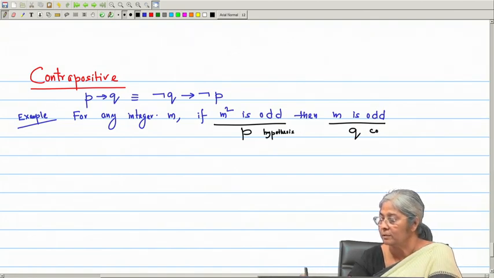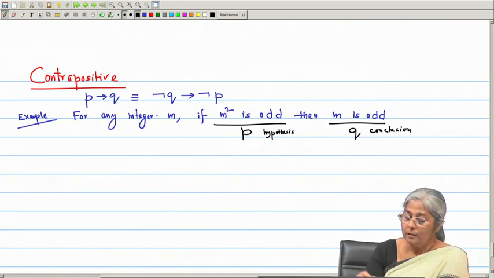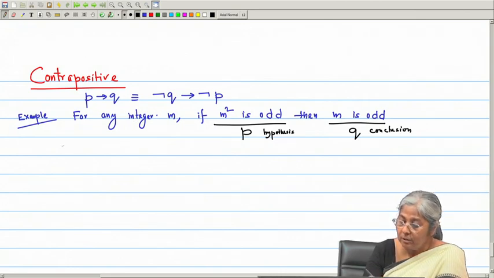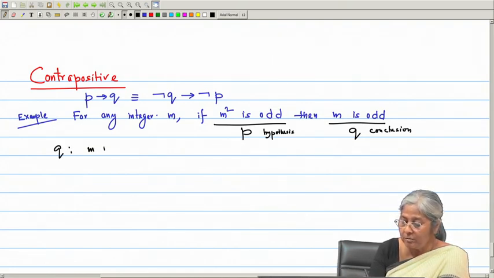And what the contrapositive tells is that P implies Q is equivalent to negation Q implies negation P. So, what is negation Q? Q is m is odd. So, negation Q is m is even.